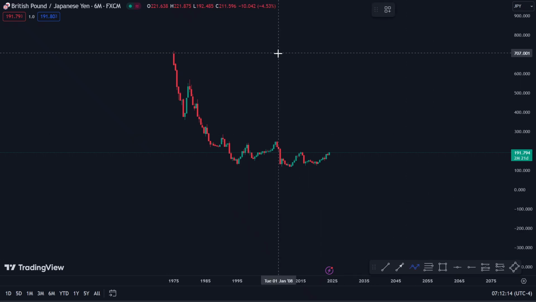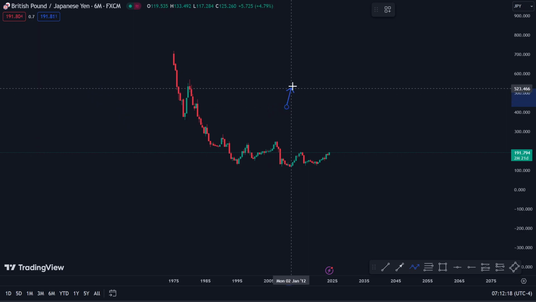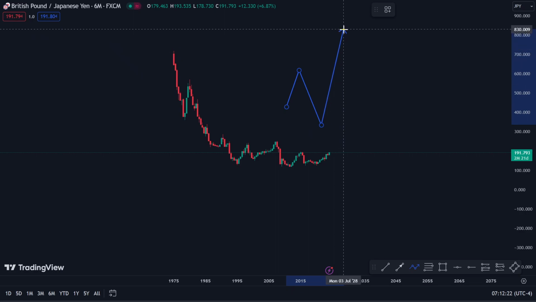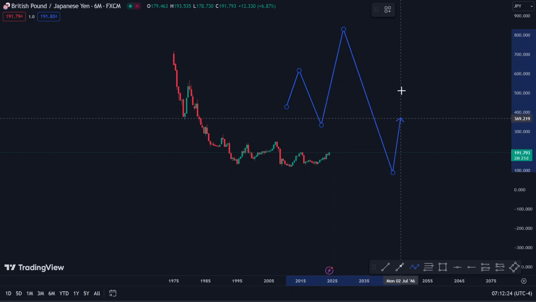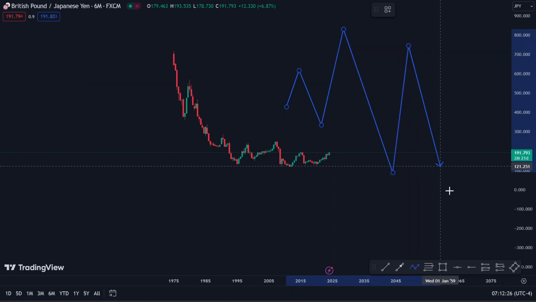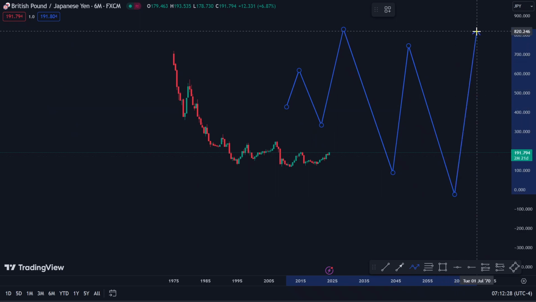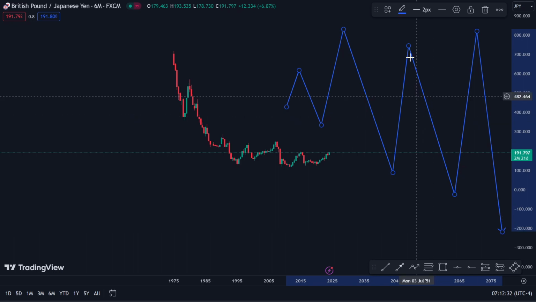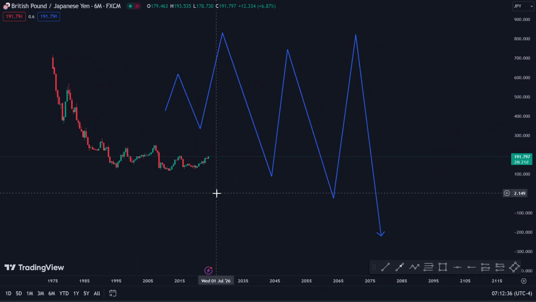So for instance, we have this market structure. Let's have this to form our swing points.